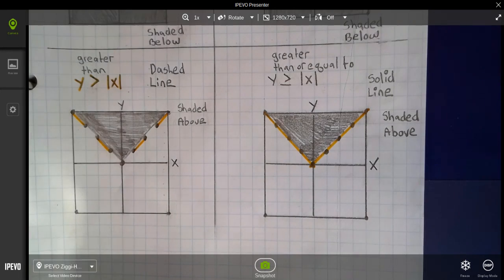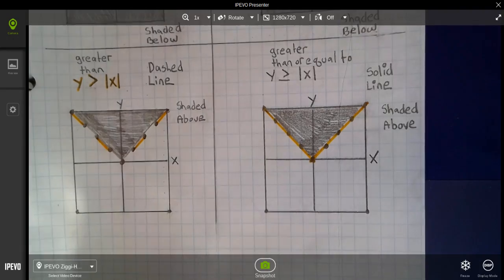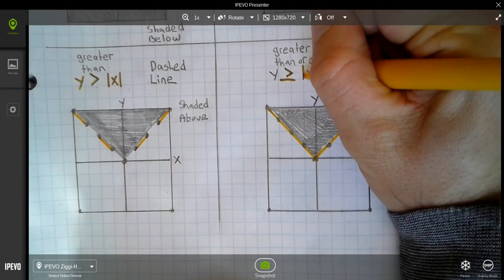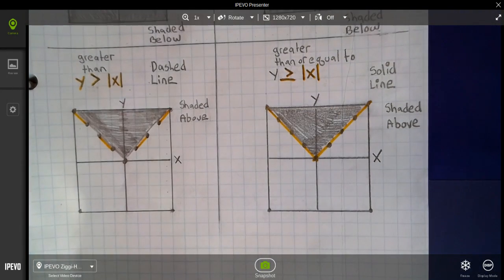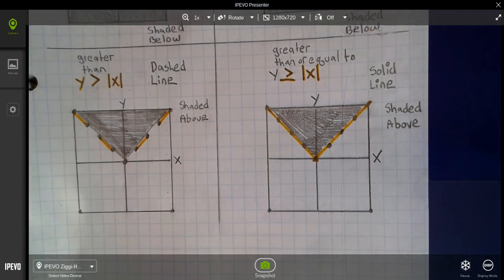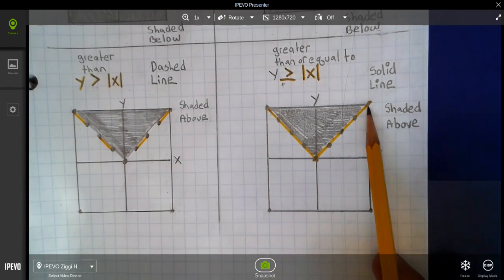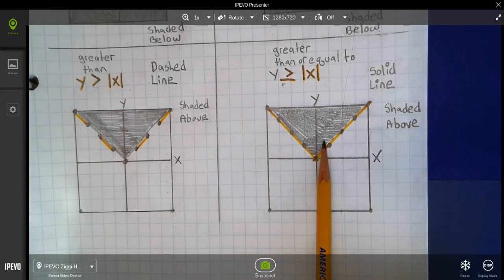All right, last one. We have y greater than or equal to the absolute value of x. Again, because there's a line underneath, we know it's a solid line. And because it's greater than, we know it's shaded above.